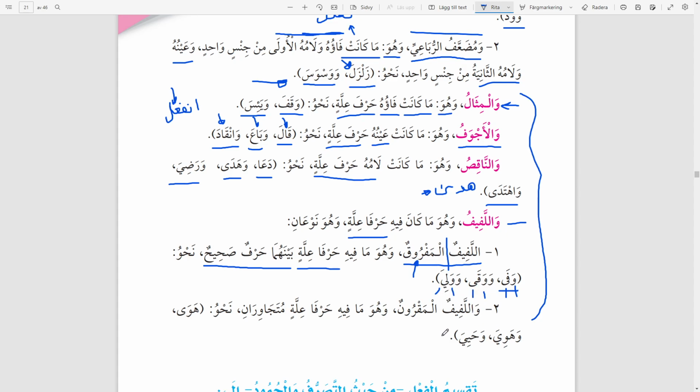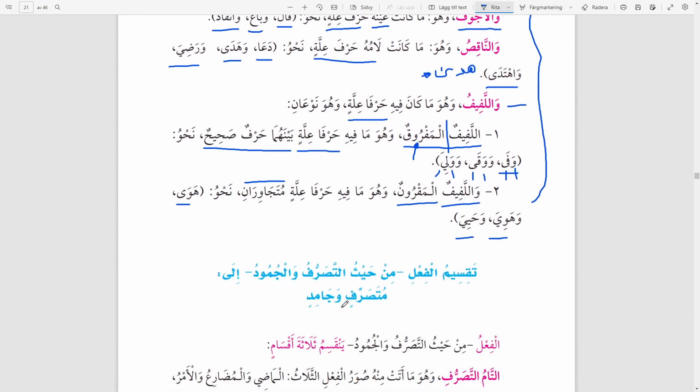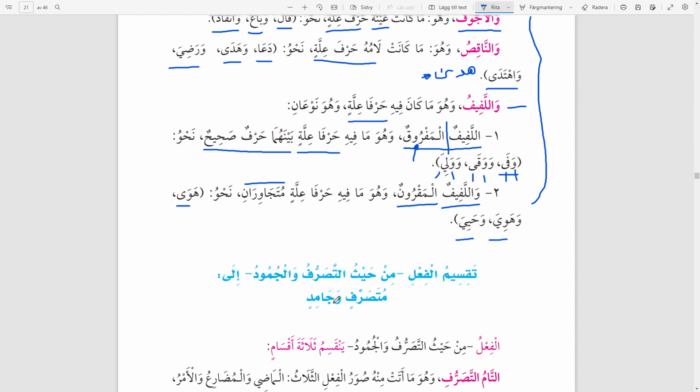And then you have the lafif al-maqroon, meaning the joined together lafif, when 2 حرف علة are neighboring: hawa, hawiya, hayya, right? So those are the 9.